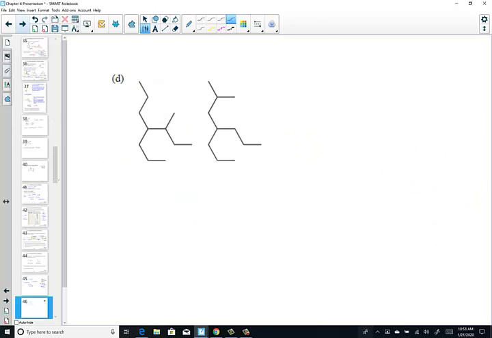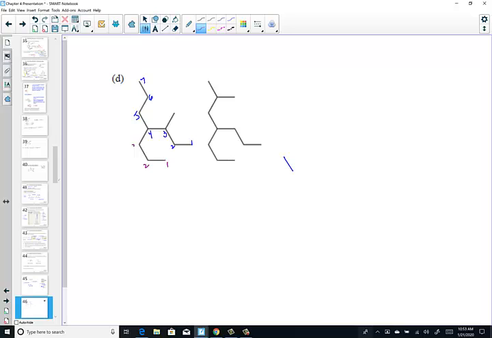Oh, let's try this. Interesting. I can see different connectivity already. Let's start numbering 1, 2, 3, 4, 5, 6, 7. That's one idea.